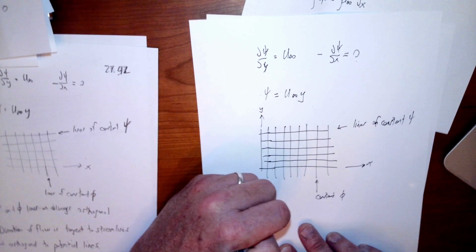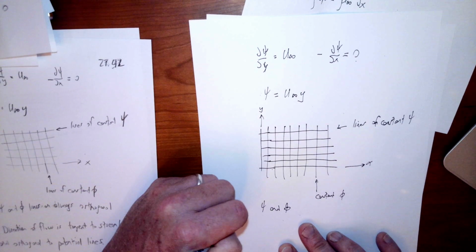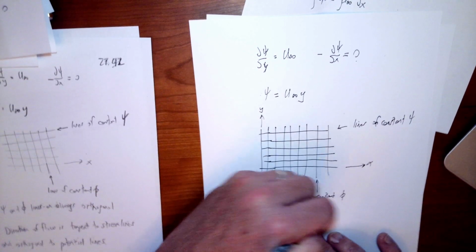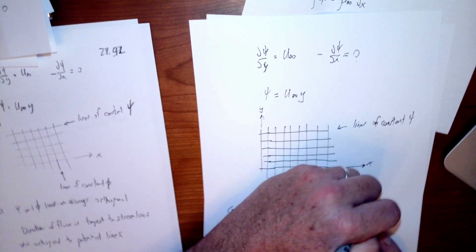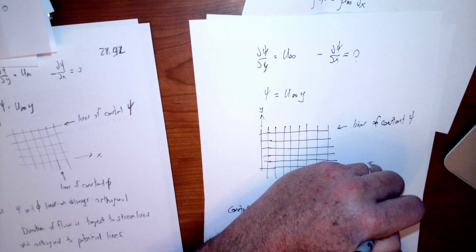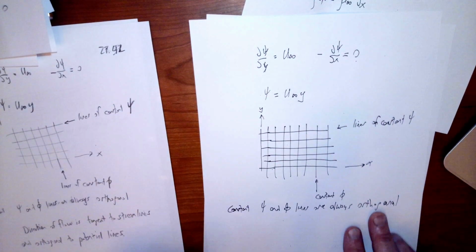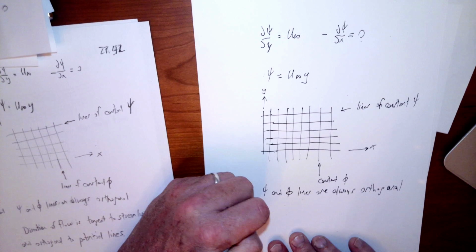So constant psi and phi lines are always orthogonal, which means perpendicular. I think I spelled it wrong, but anyway, orthogonal. And the direction of flow is tangent to the streamlines.